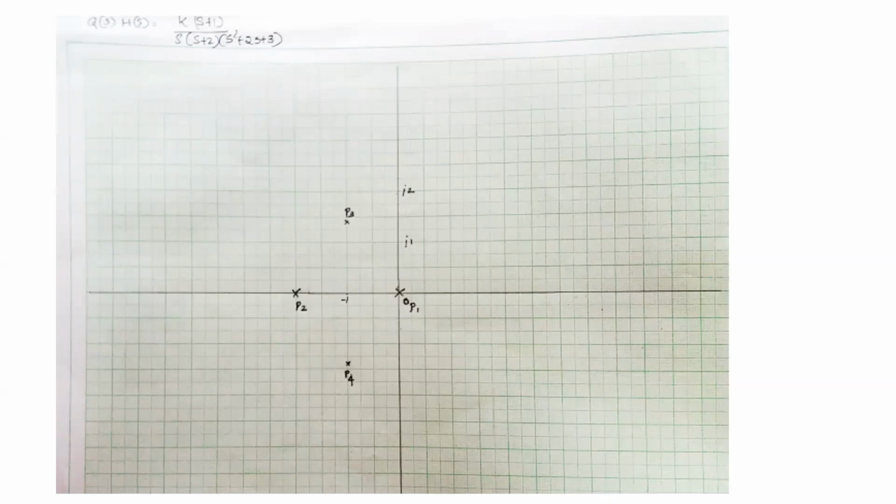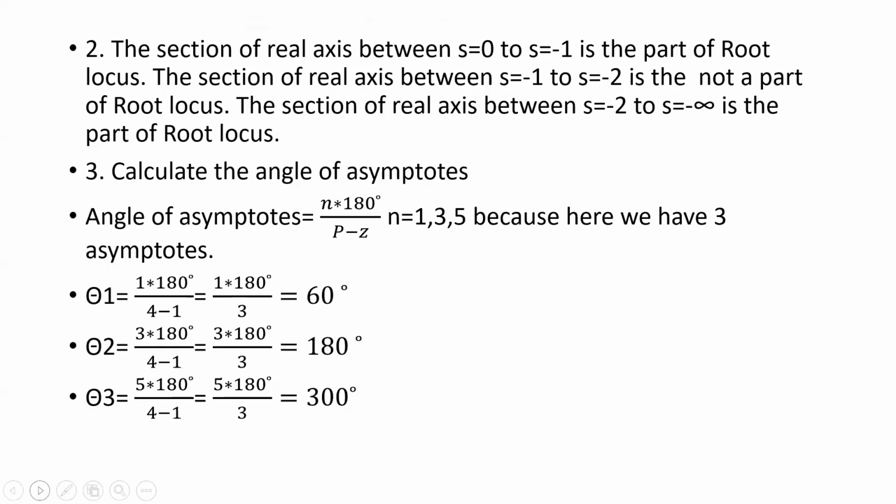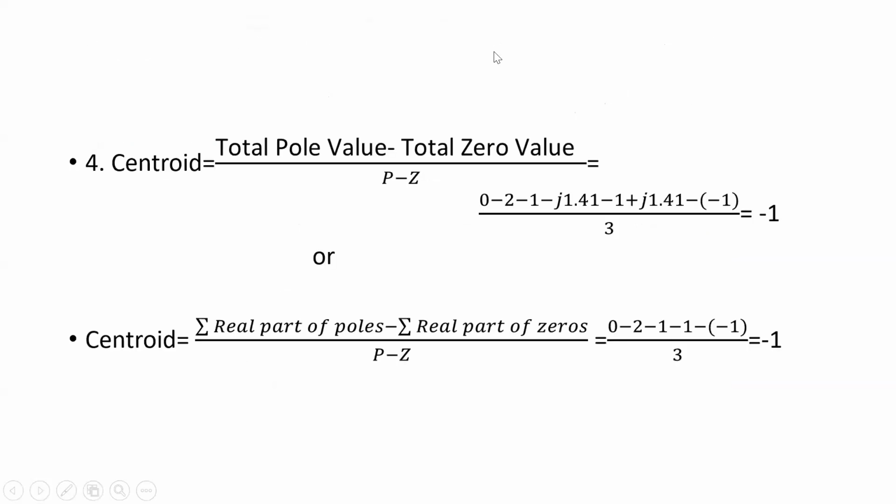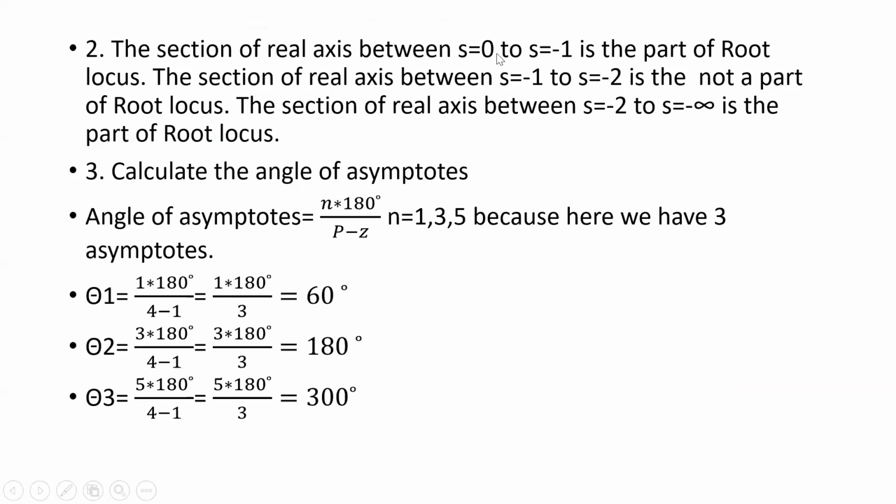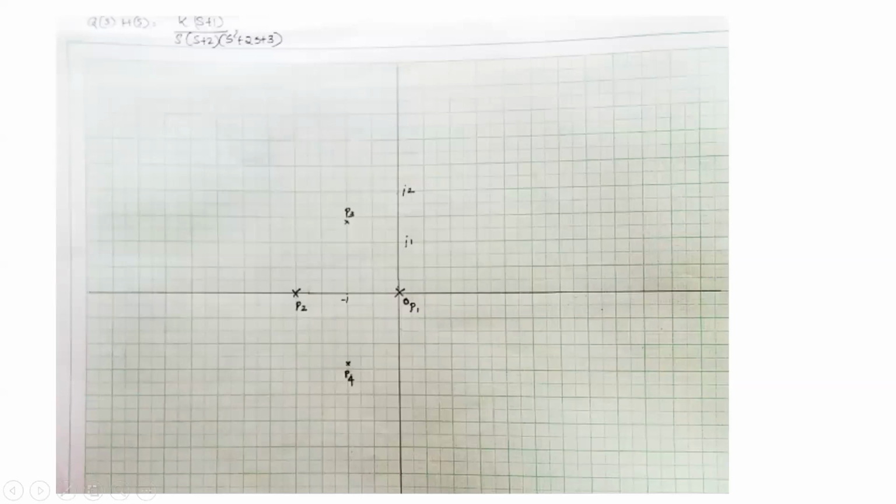Then coming to the next, we will have to recognize which part becomes the part of root locus and which is not the part of root locus. That is on the real axis, and from the graph we can see which is the part of root locus. What is the necessary condition?